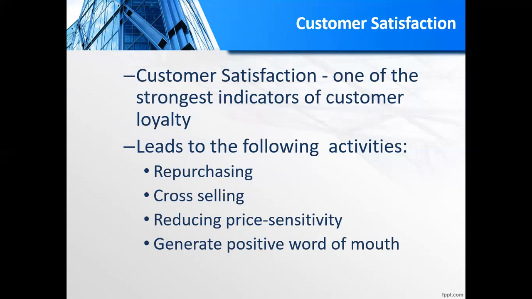These will be repeat customers. Cross-selling, which I mentioned a while ago. Price sensitivity: even if the prices go up, they will still be with you. And of course the WOM, the word of mouth. They will advertise the company's services and products.